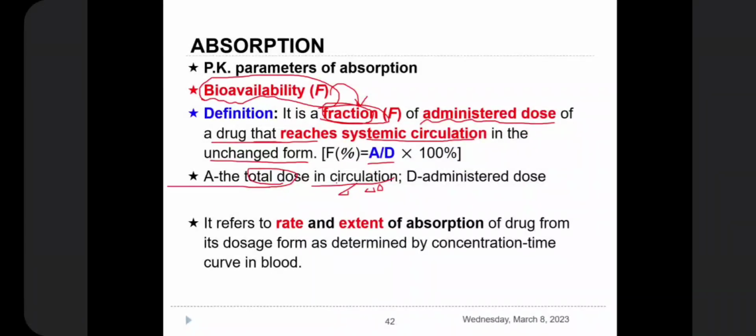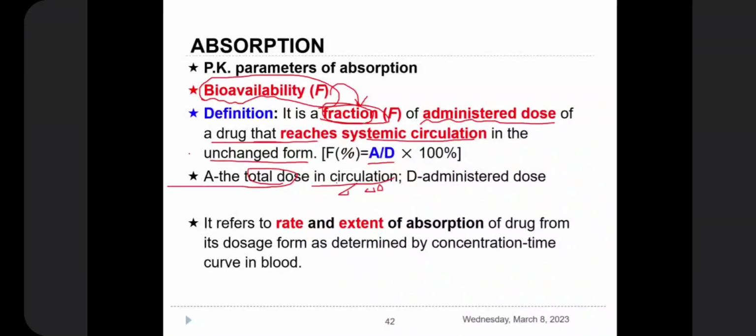So their division is a fraction. This is a fraction. Okay, once again, bioavailability is the fraction of the administered dose of drug that reaches systemic circulation. And according to this definition, we can do some calculation.